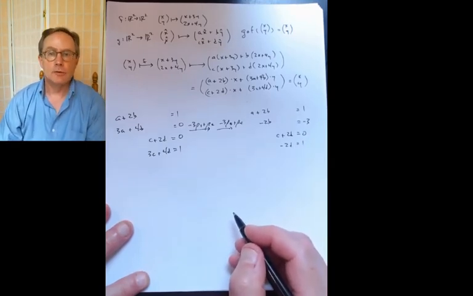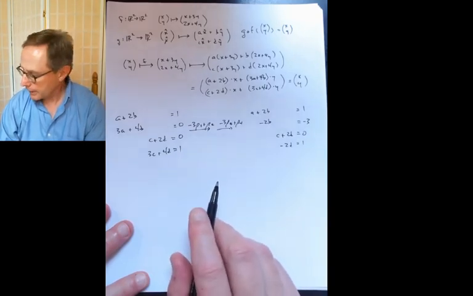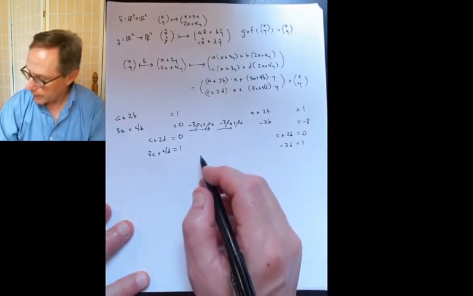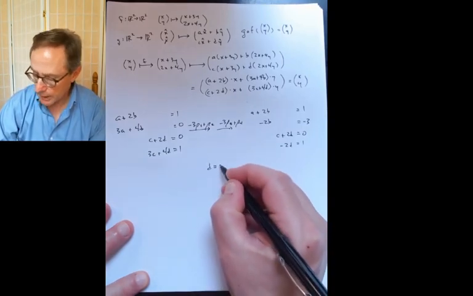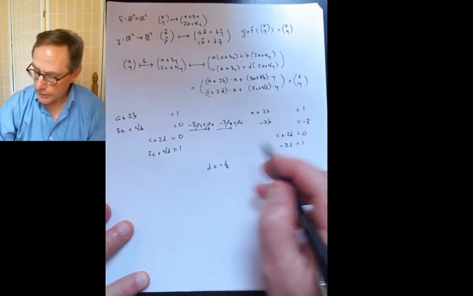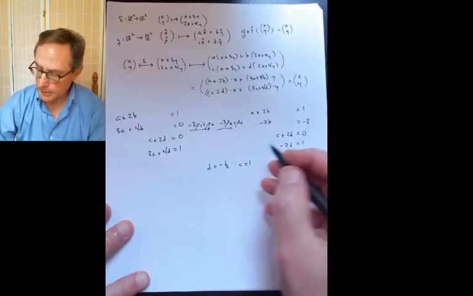Okay, so the Gauss's method stuff, we're all great at Gauss's method at this point, so we're not going to go into that at great length. And so when you get down to the bottom line, you're looking at d is minus a half. If d is minus a half, then c is 1. The next line up tells you that b is 3/2.